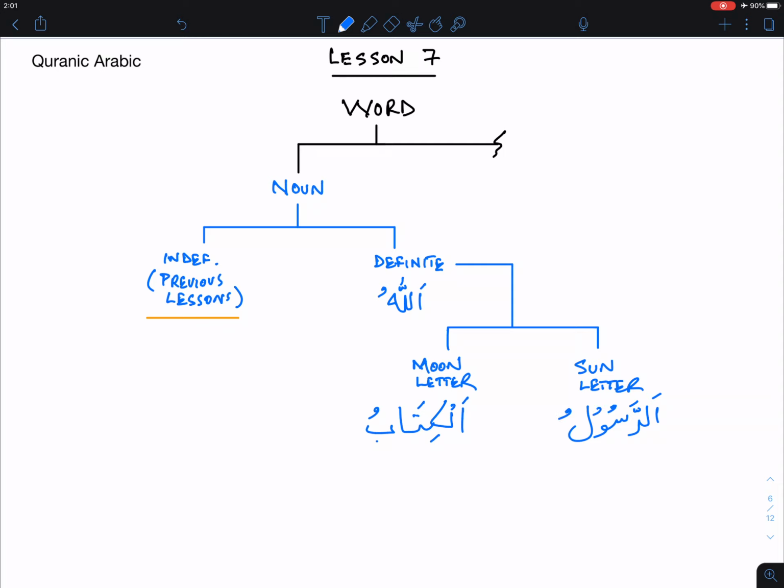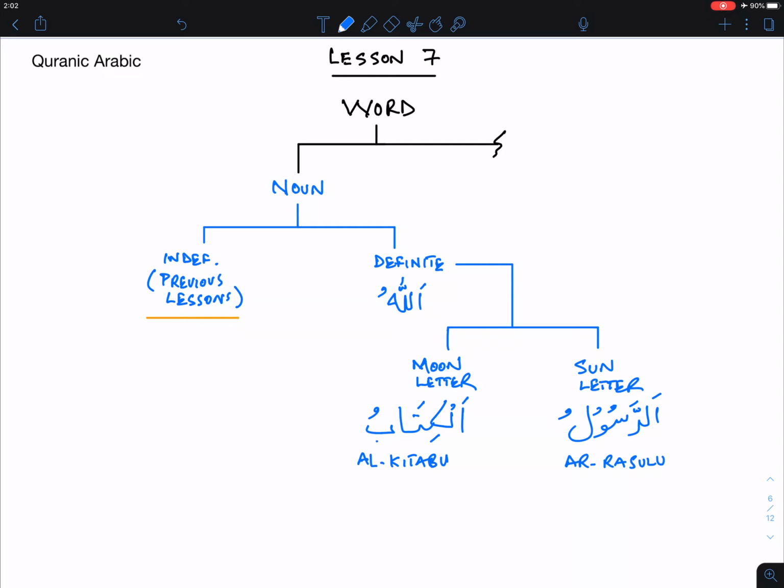If I was to write it in English, you will see the distinction: this is al-kitabu, but this one is going to be ar-rasulu. So that's how it's going to be read. Al-kitabu, ar-rasulu.